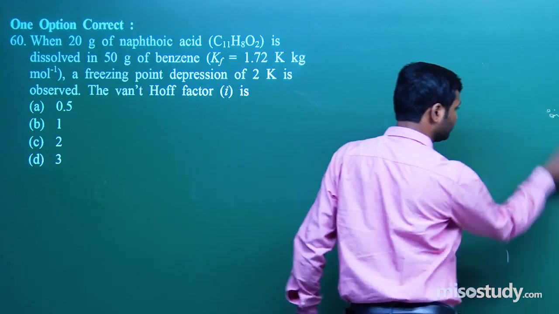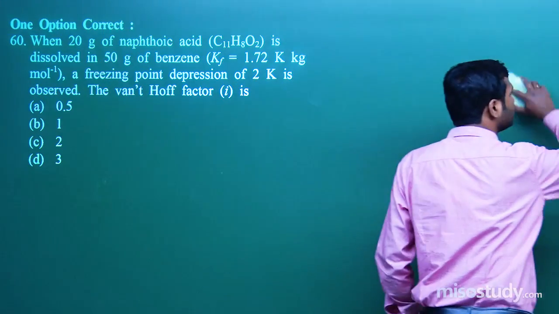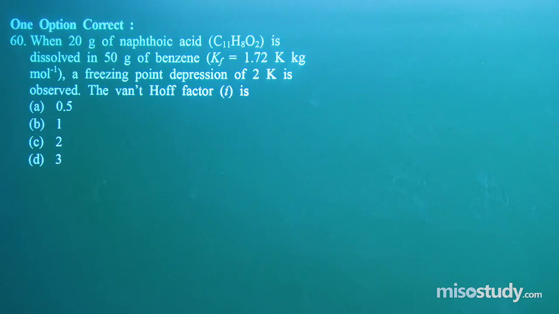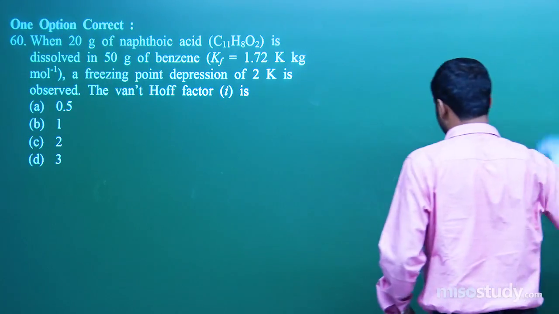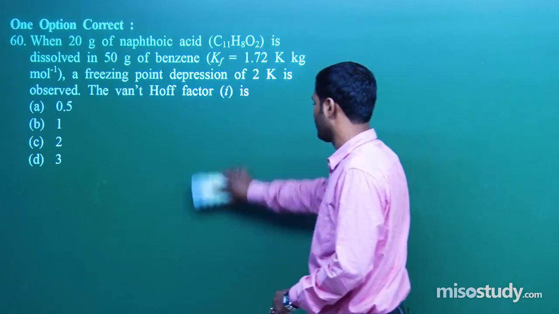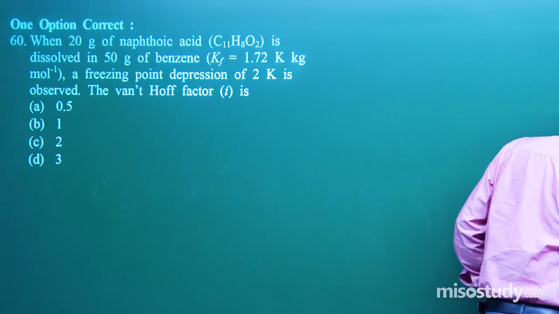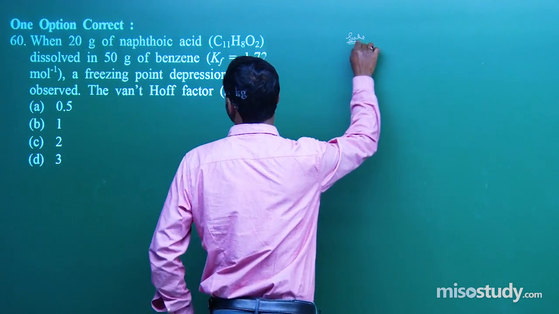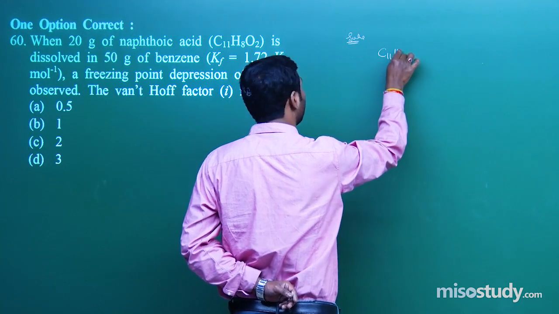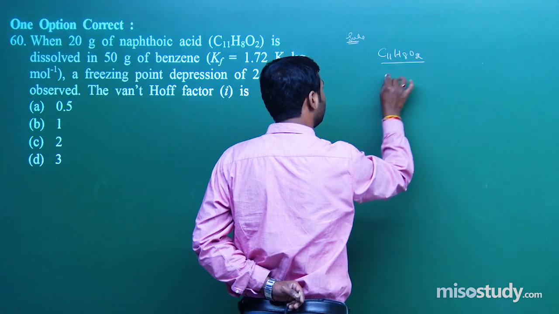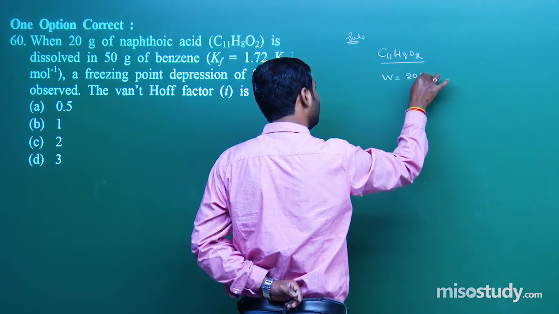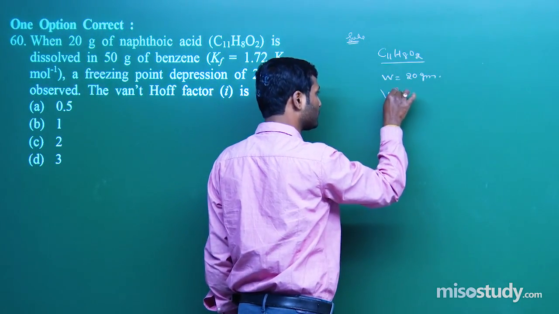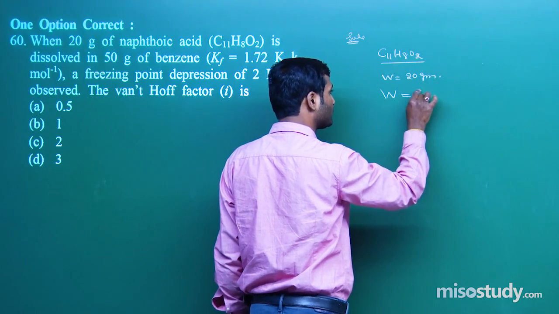What is given in the question? Wait for a moment, give me a few seconds. Now, when 20 gram of naphthoic acid, formula C11H8O2, is dissolved in 50 gram of benzene, C6H6, the given mass is 20 gram, the weight of solute, and the weight of solvent is 50 gram.